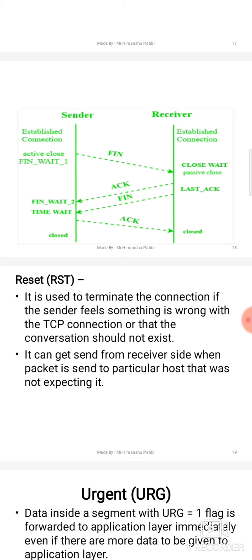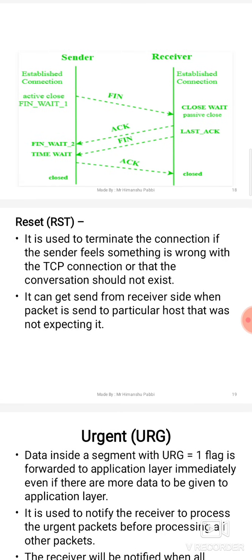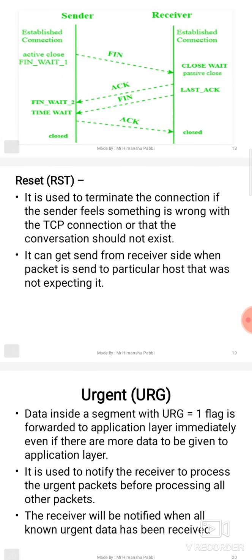If the sender sends some data which was not asked for by the receiver, the whole connection will be terminated, and when that happens the RST flag is set to 1. TCP feels that something went wrong, that wrong data was transferred from sender to receiver.